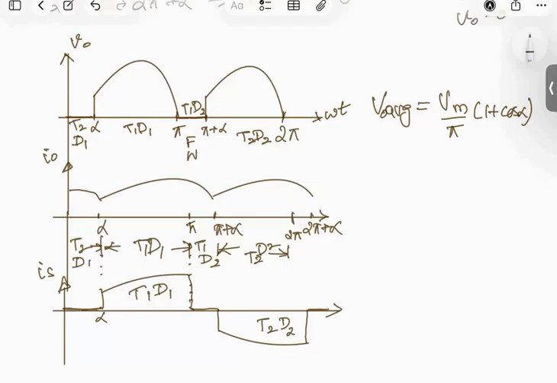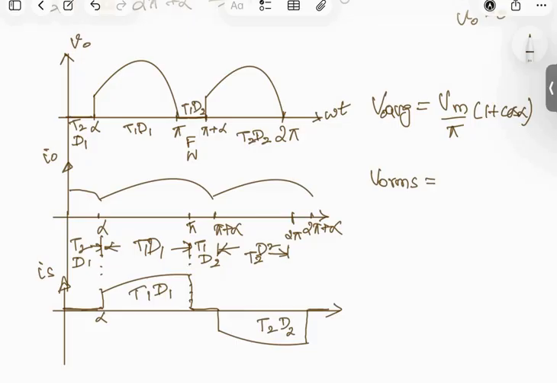And the V0 RMS value, since the V0 waveform is the same as that of the R load and RL load waveform, will also be the same as that obtained for R and RL load.